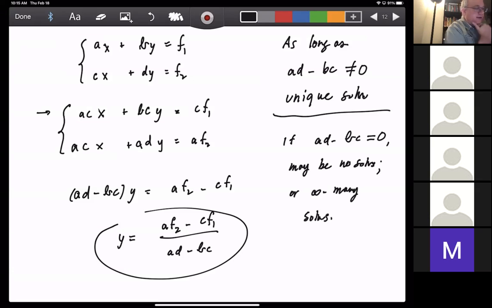Okay, so we have exactly the same breakdown we've seen before, either a unique solution. If there's not a unique solution, there may be no solutions or infinitely many solutions. If the system is solvable, we either have one solution or infinitely many solutions.